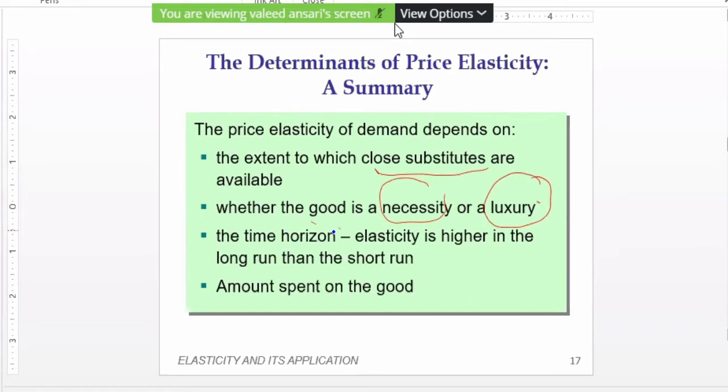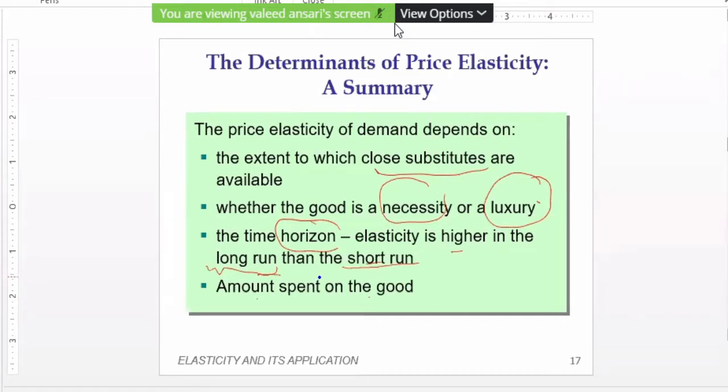And the time horizon: elasticity is higher in the long run, because one can shift in the long run, whereas in the short run one may not find options. And also the money: the greater the proportion spent on that good, the more elastic the demand will be. These are the four determinants which affect price elasticity of demand and how sensitive it is.